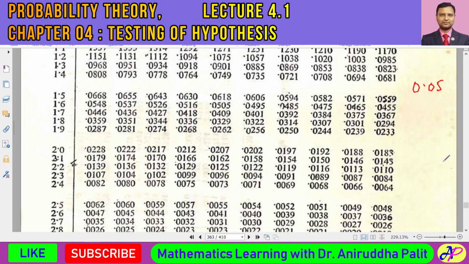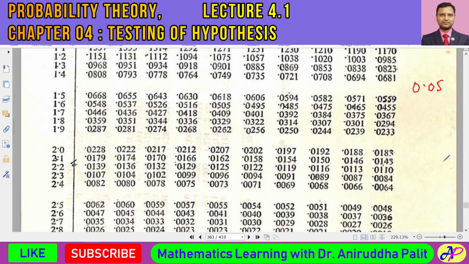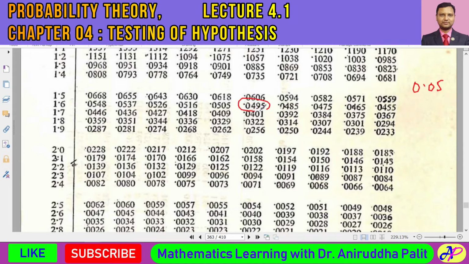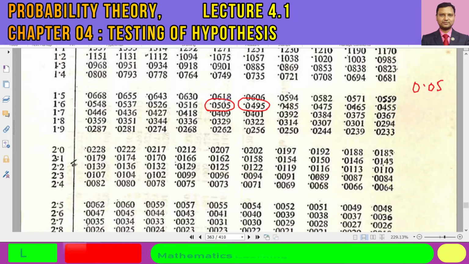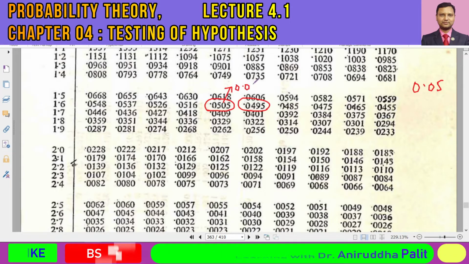Let's check 0.05, or some nearby number. 0.04 over here, 0.0495, and 0.0505. Actually, whenever you round it off up to two decimal places, this value would be equal to 0.06.